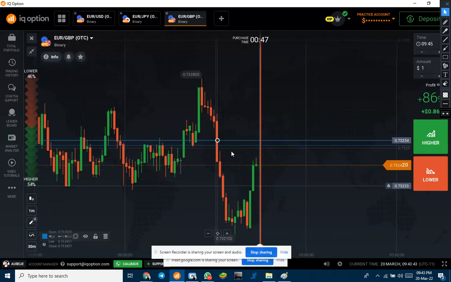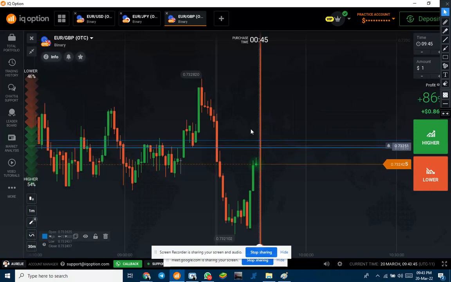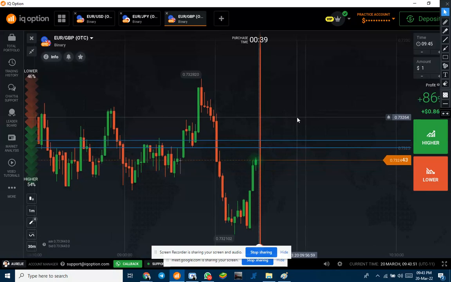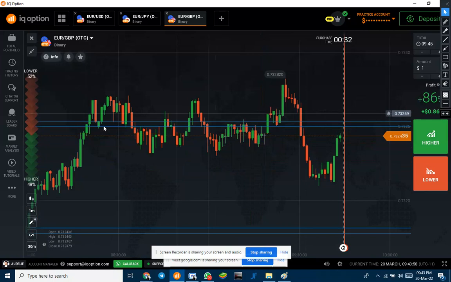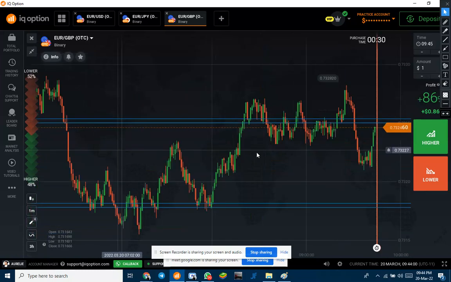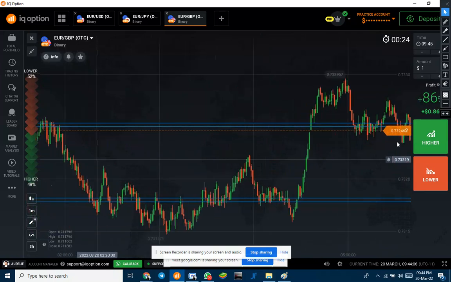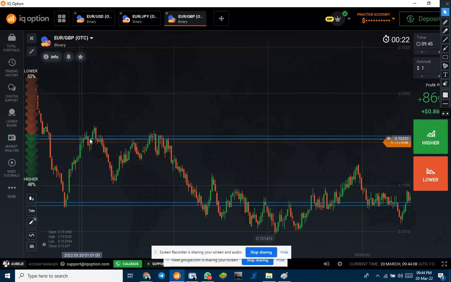Let's see if the market will actually reverse when it reaches that level. Okay, it worked here, it reversed, and here, and here.